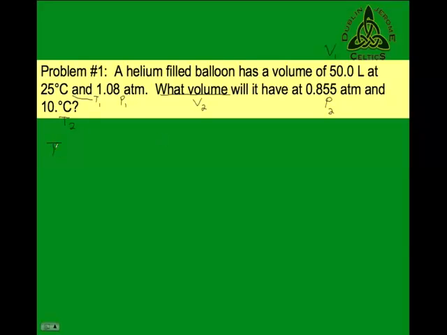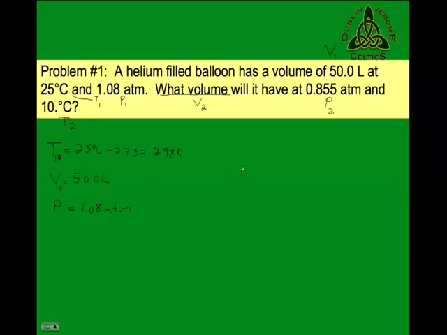Initially, I have a temperature, T1, of 25 degrees Celsius, which is, add 273, 298 Kelvin. My initial volume, 50 liters, and my initial pressure is 1.08 atmospheres.